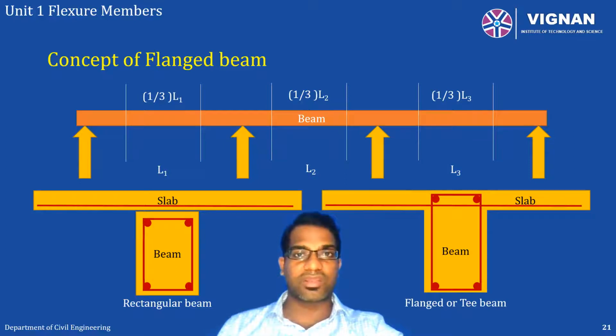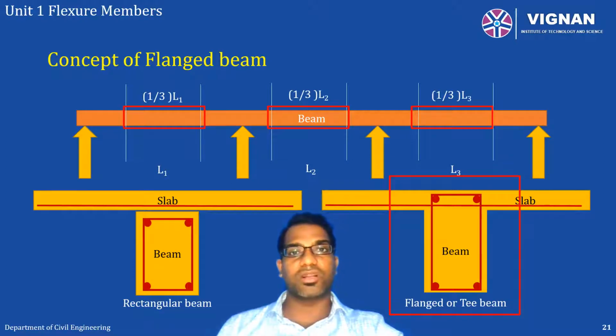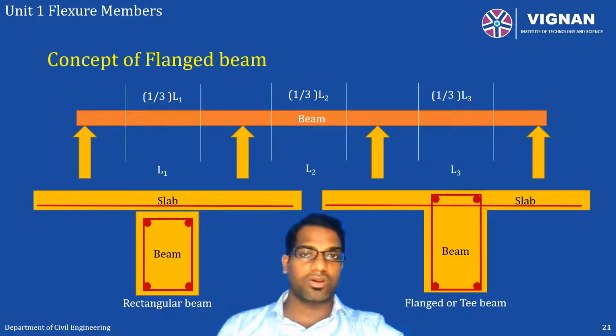Negative bending moment is opposite to it, which means tension will be at the top side, and the bottom will be at the compression side. So these flanged beams can be considered only in the middle third portion of the beam, whereas near the supports it should be considered as a rectangular section.